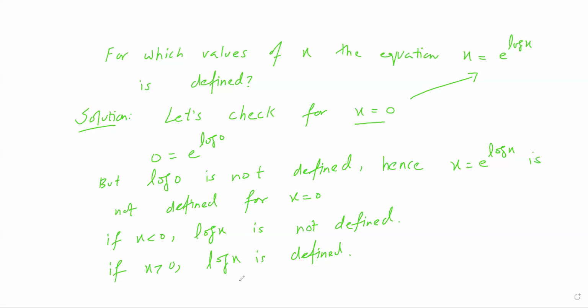So this shows that the equation x equal to e power log of x is defined for x greater than 0.